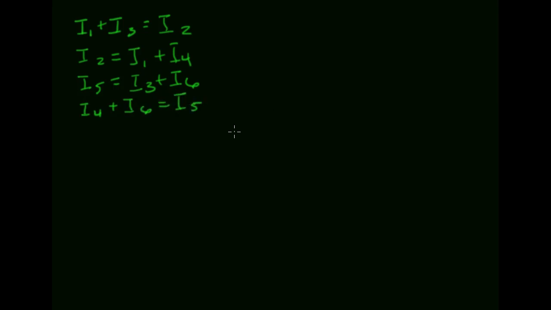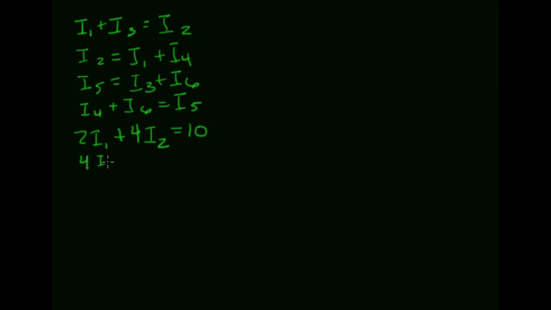That's node 4. So let's look at path 1. Path 1 has 2 resistors. So 2 times I1 plus 4 times I2 has to be 10 volts. In path 2, you have 4 resistors.